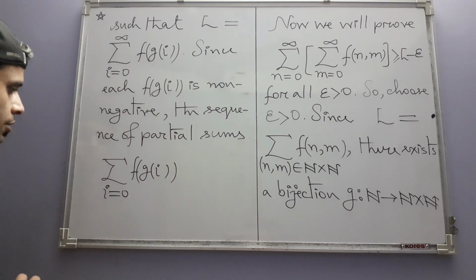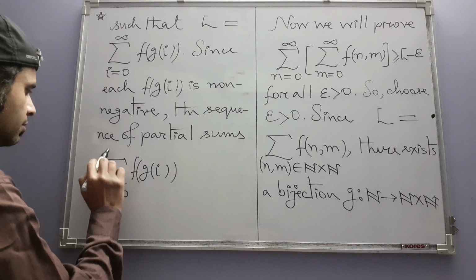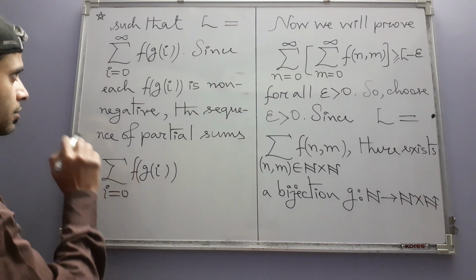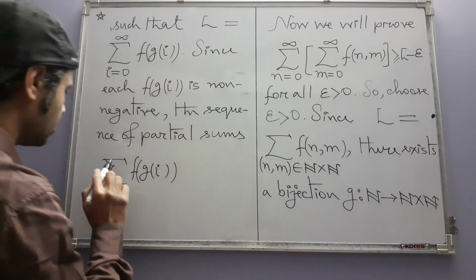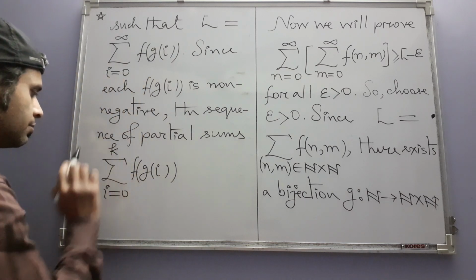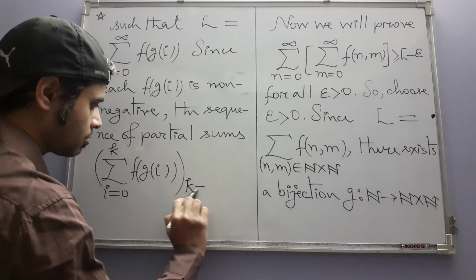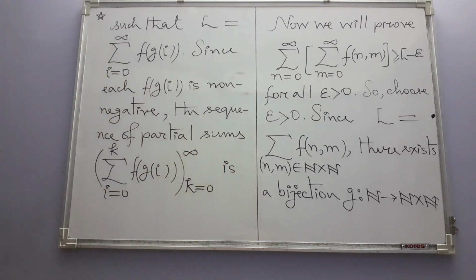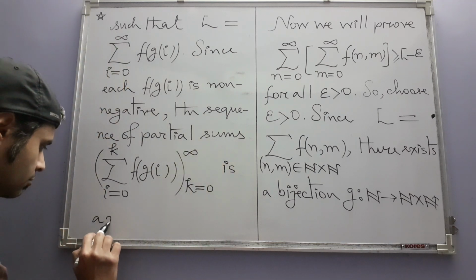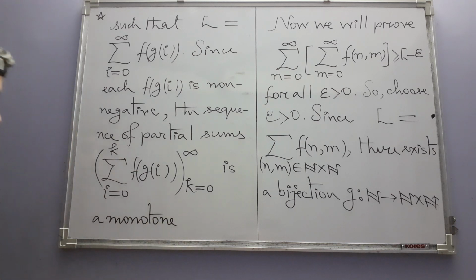I equal to 0 to say n. Will it conflict with anything else? No, okay, let us take K. This sequence is a monotone bounded sequence.